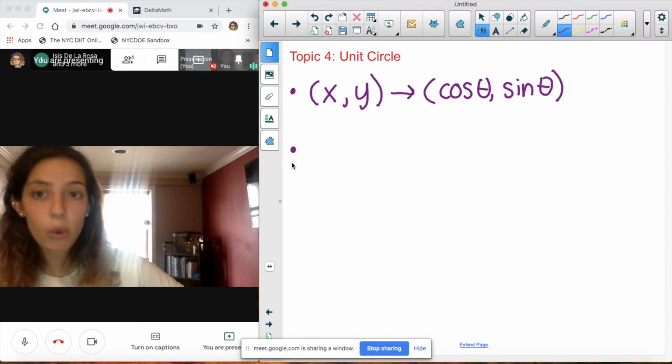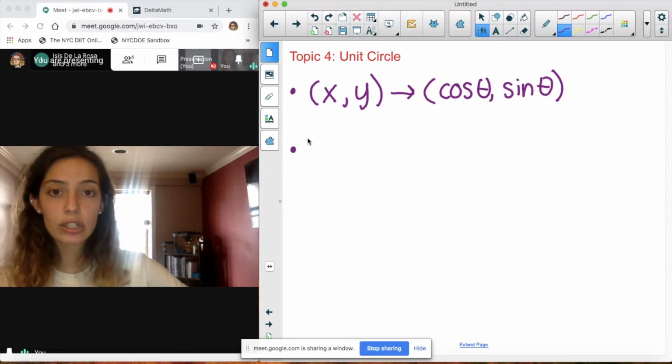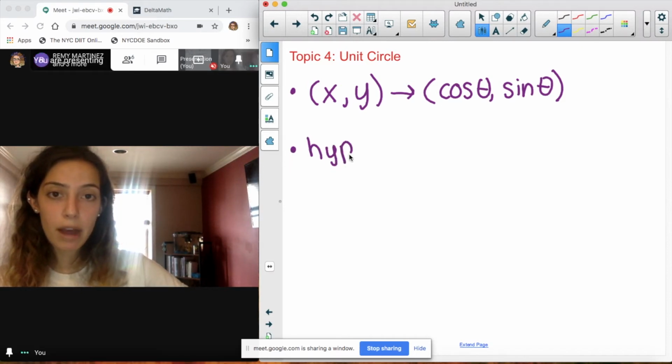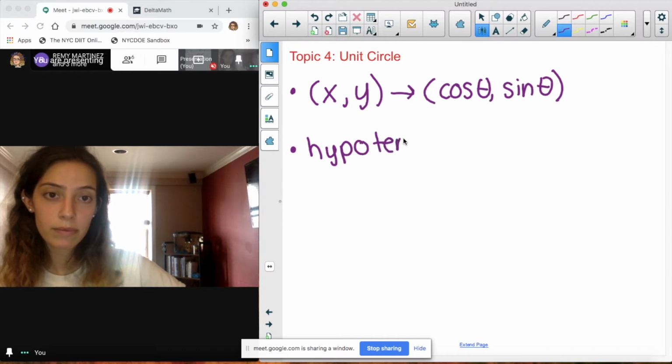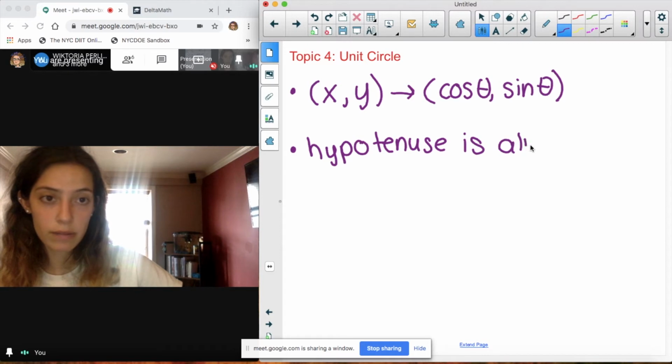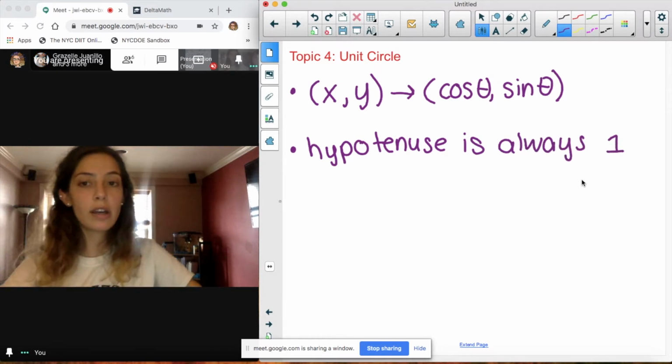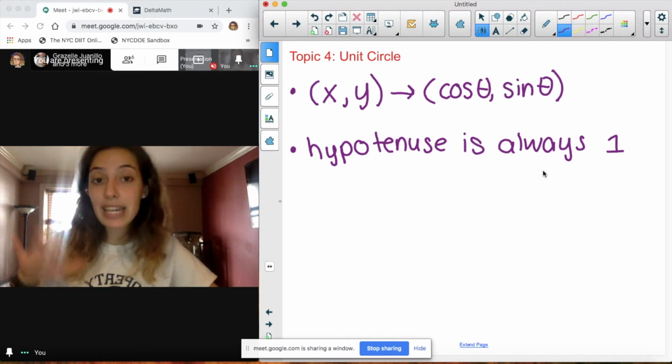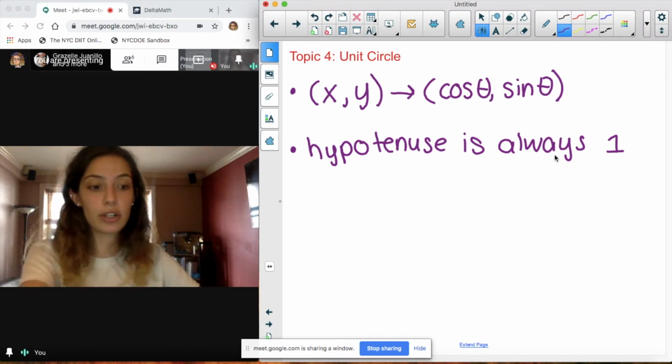One other important part of the unit circle is that your hypotenuse is always 1. Right, those are the 2 important pieces of information from the unit circle.